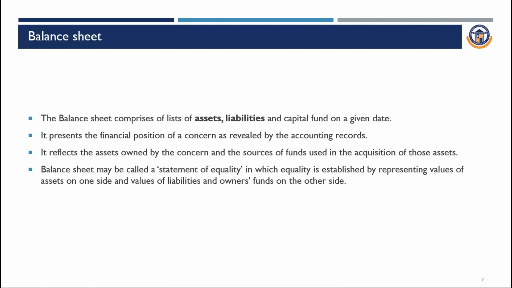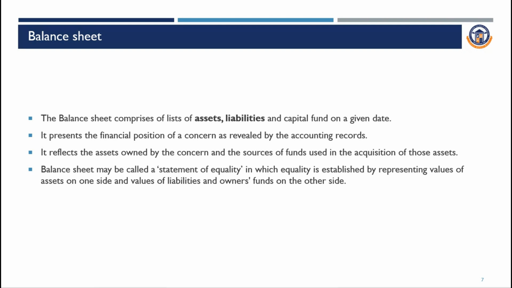It reflects the assets owned by the concern and the sources of funds used in acquiring those assets. It is prepared in such a way that the true financial position is easily understood and more rapidly grasped.